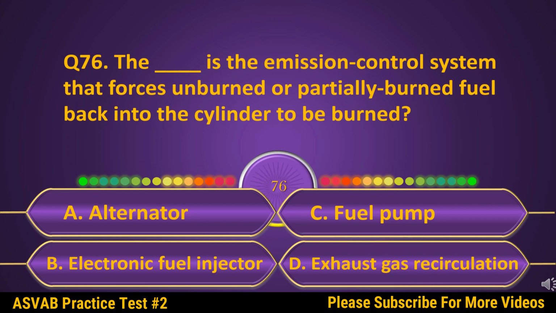Question number 76. The blank is the emission control system that forces unburned or partially burned fuel back into the cylinder to be burned. The options are A. Alternator, B. Electronic fuel injector, C. Fuel pump, or D. Exhaust gas recirculation.